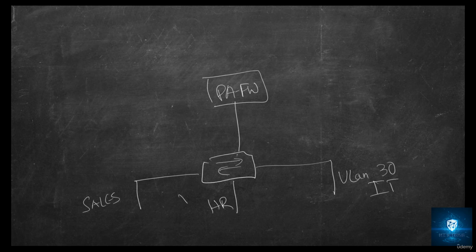So VLAN 30, VLAN 20, and VLAN 10. All right, and then you will create sub interfaces here, right? You will have 1, 2, and 3 VLANs. VLAN 10 here, likewise 20, likewise 30, and this would be a trunk interface. All right, so this is the kind of deployment that sub interface is talking about.